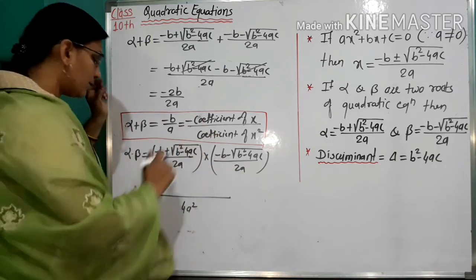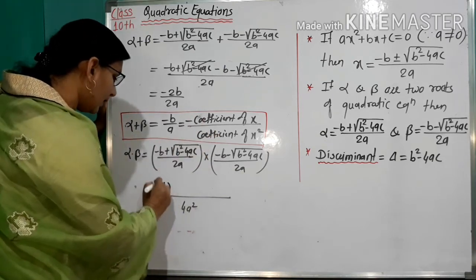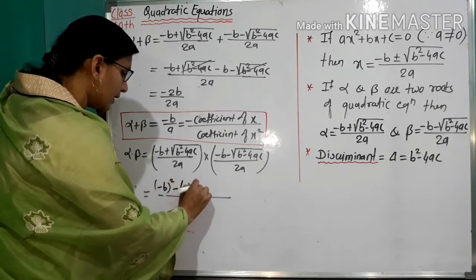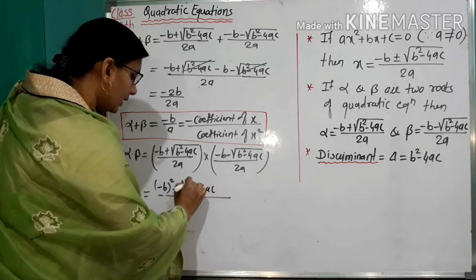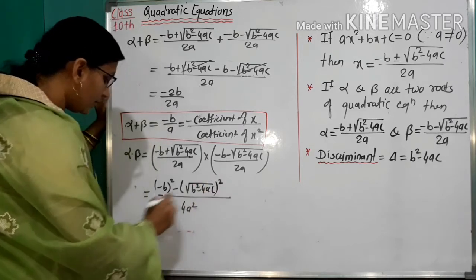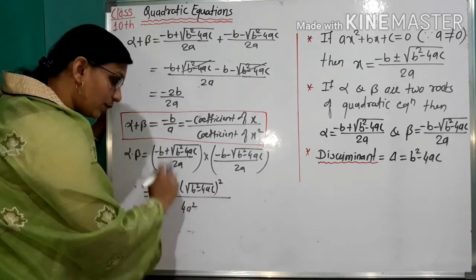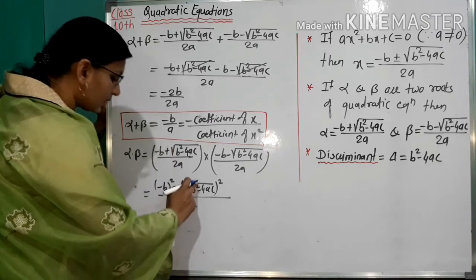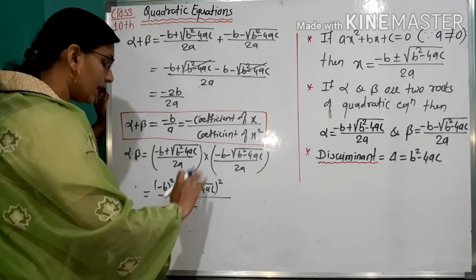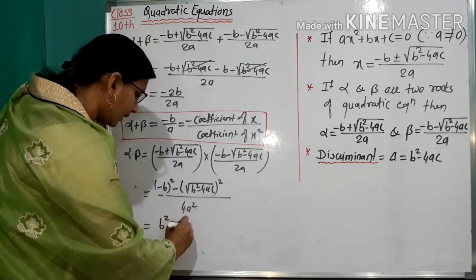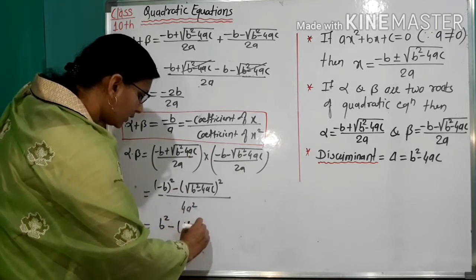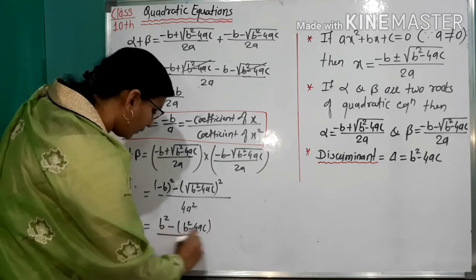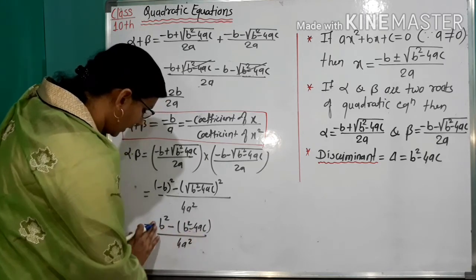Therefore its expansion is minus b bracket square minus under root b square minus 4ac bracket square. If we solve this, minus b square is b square, minus the square root and its square means this b square minus 4ac, upon 4a square.